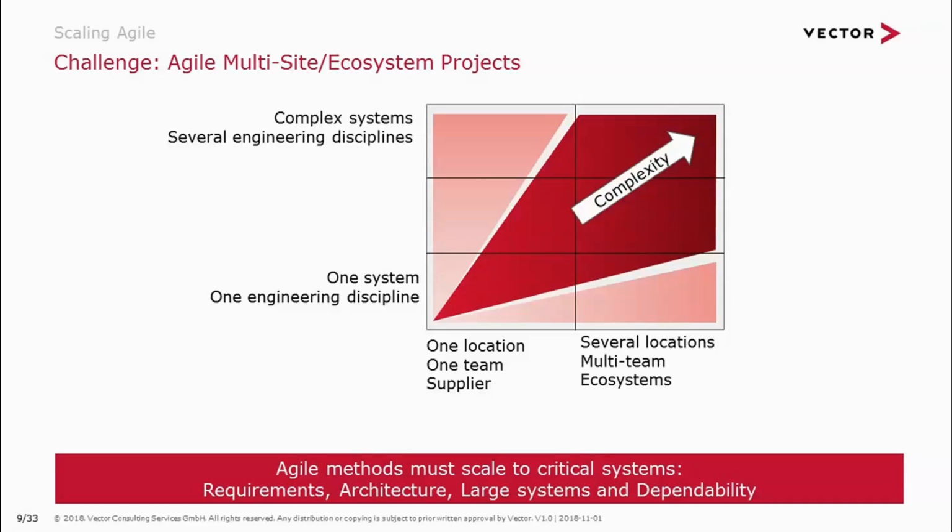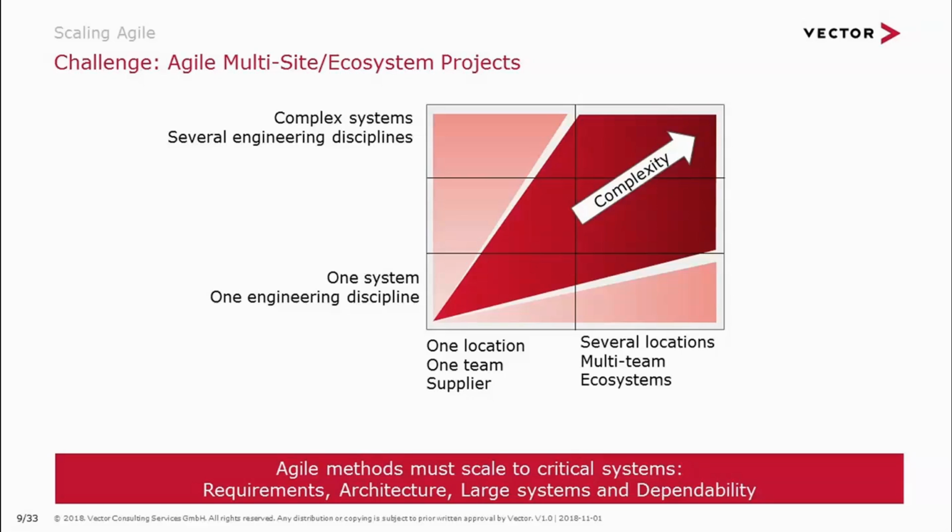Now, these agile methods have initially been thought to be applied by co-located, rather small teams to typically IT software projects. The evolution, however, with more recent projects and industry challenges means that we have several locations.